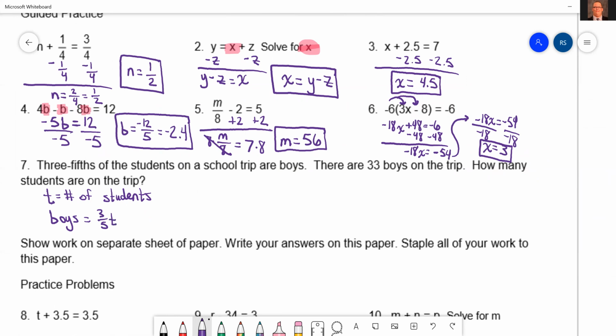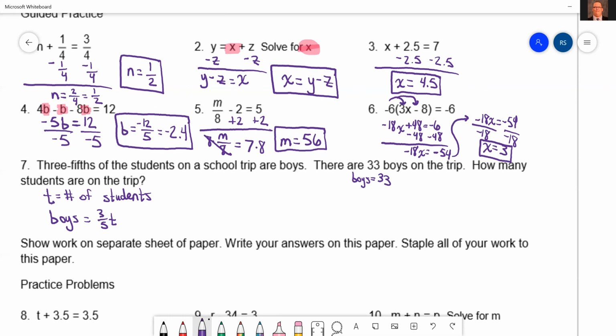Now the next sentence says there's 33 boys on the trip. How many boys? 33. How many total students are on the trip?